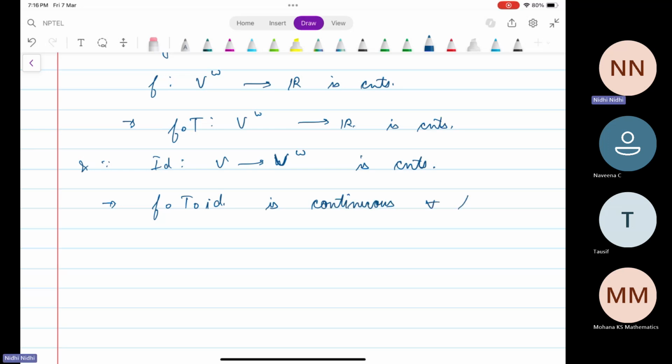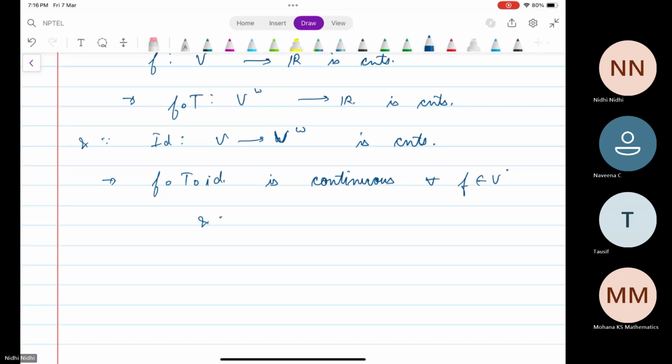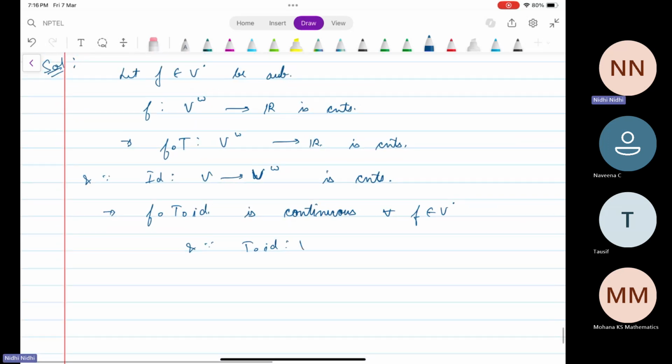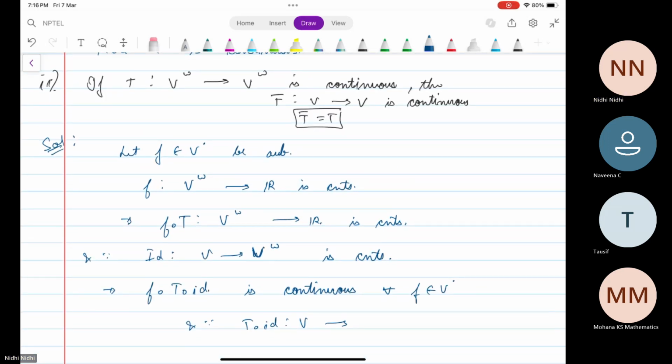for every F in V star, and T composed with identity is from V to V weak, and T is from V weak to V weak.